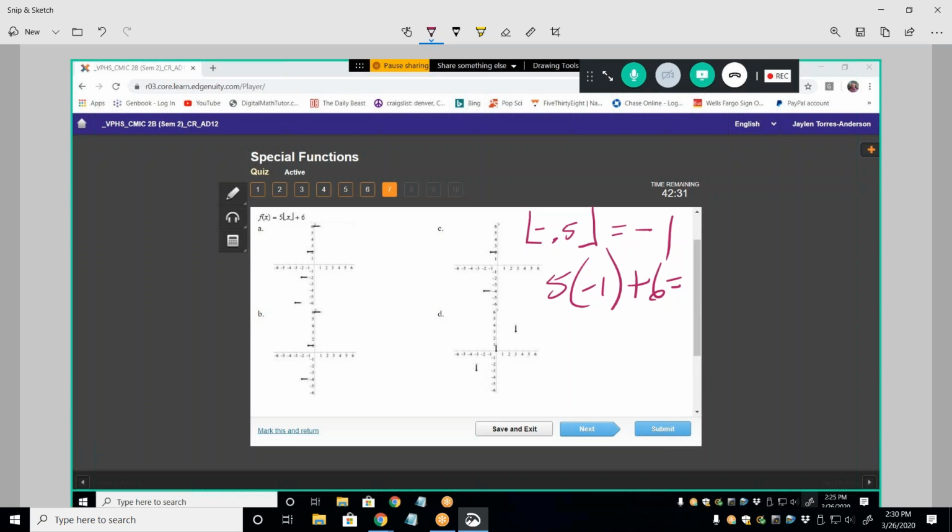The most important thing to do when you're doing arithmetic is to distinguish between multiplication and addition, or subtraction and division. Okay? This is multiplication. That is not 5 minus 1. It's 5 times negative 1, which is negative 5.